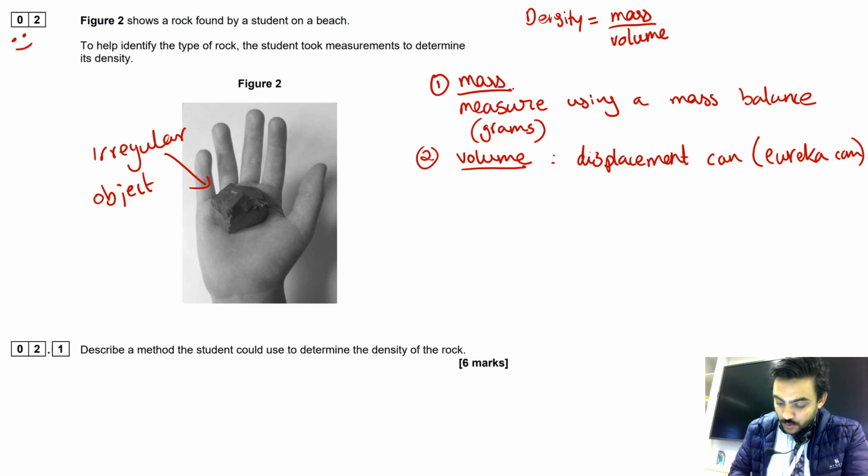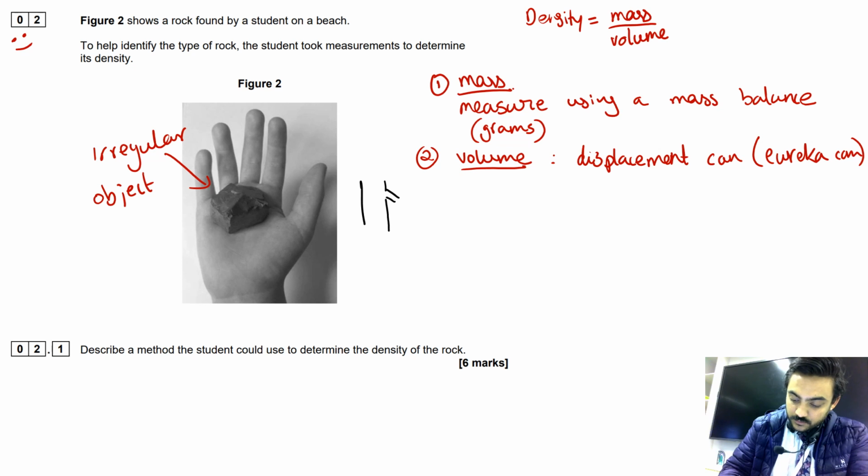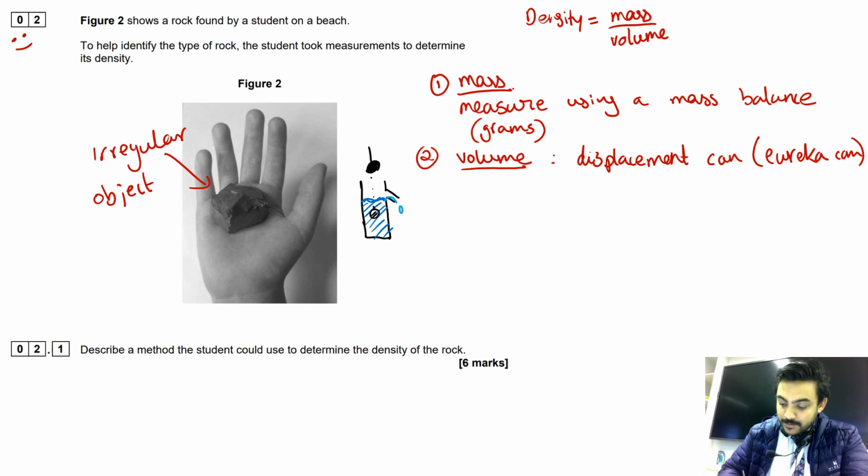Well, for those of you who don't know, a Eureka can sort of looks like this. It is a can that you can fill up to the spout with water. And then what you can do is lower your piece of rock into the water, and when you do that, the amount of water displaced, or that comes out because it will spill over, is the volume of the rock.